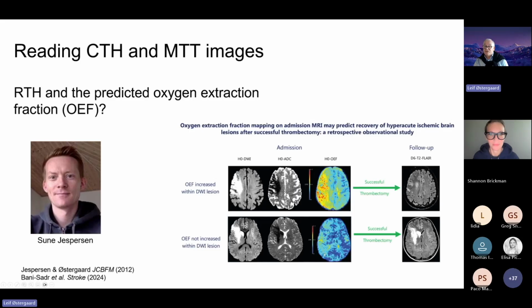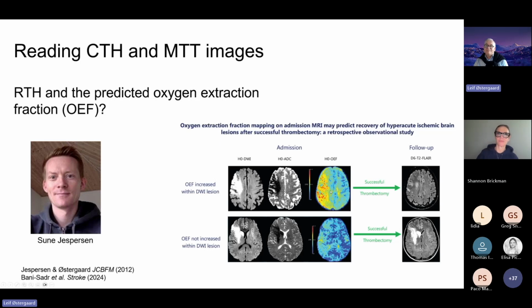And a low oxygen extraction when you have a condition with ischemia is very bad because there's low blood flow but not a lot of oxygen is being extracted. That means that tissue, if it was PET, that tissue had died, but it also means that even though you restore blood flow, you'd not be able to extract oxygen.